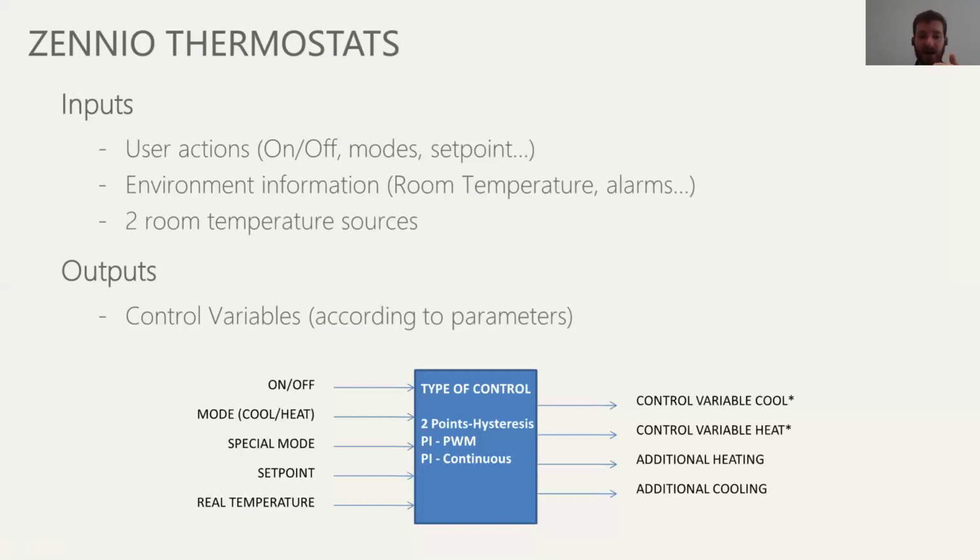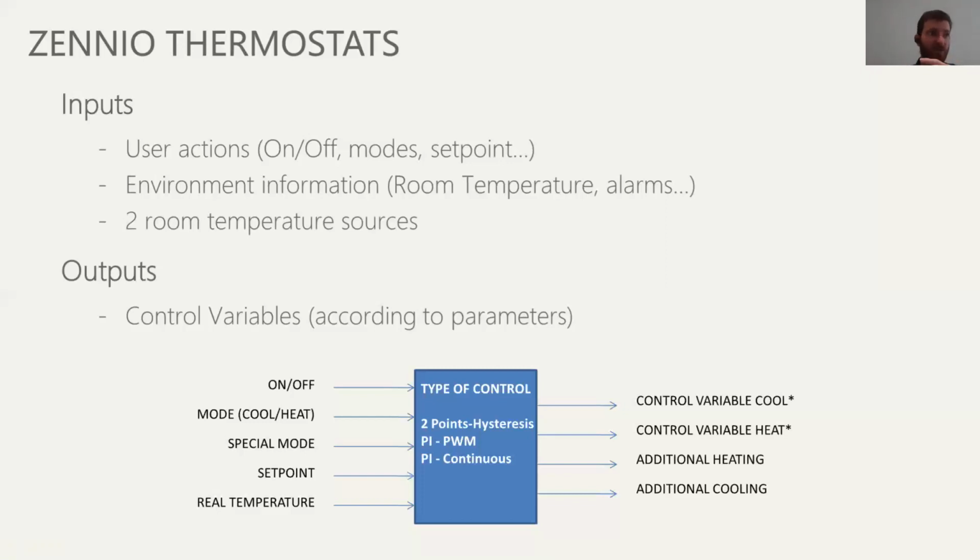So if you define any thermostat with additional heating, it will say whether it's 1 or 2 systems, and it will allow you to define which is the main system and which is the secondary or additional. You define everything in the first one, and then the second one comes as a completely new thermostat. So if you have PWM in system 1, you can have 2-point hysteresis in system 2, or PWM again, or PI in system 2. So a completely independent thermostat.